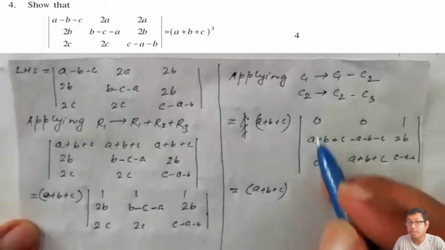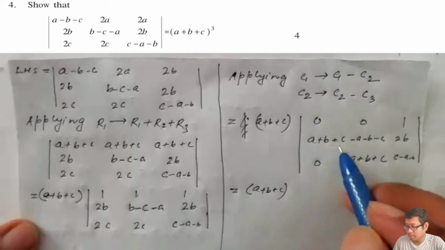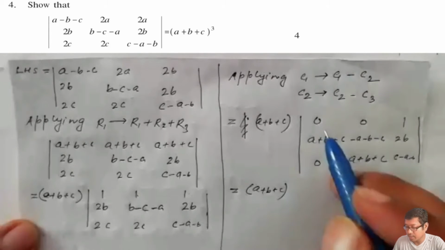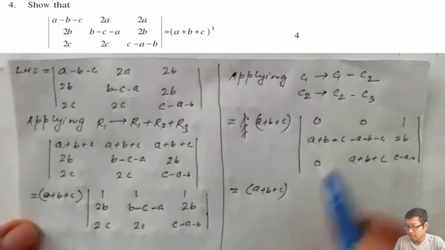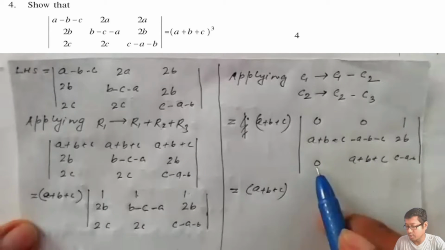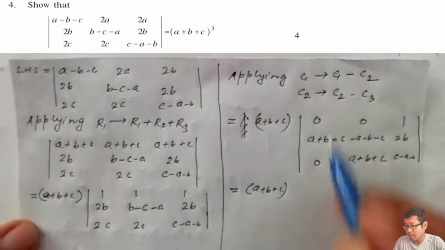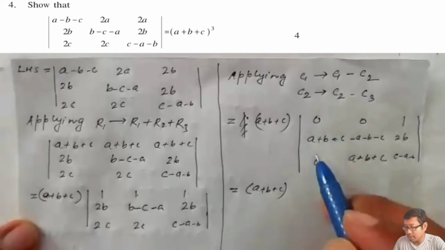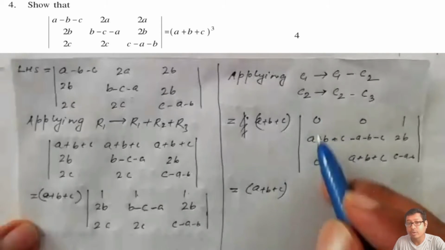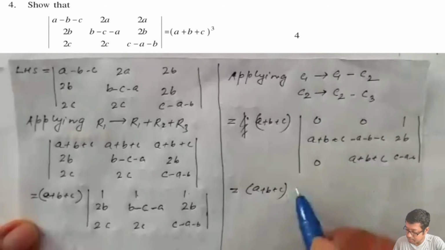If you observe the first column, a plus b plus c can be taken as a common quantity, as this can be written as 0 into a plus b plus c. This can also be written as 0 into a plus b plus c. From here I can say a plus b plus c is the common factor for the first column, so that can be taken as common.